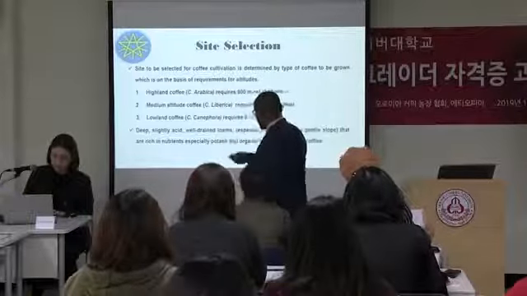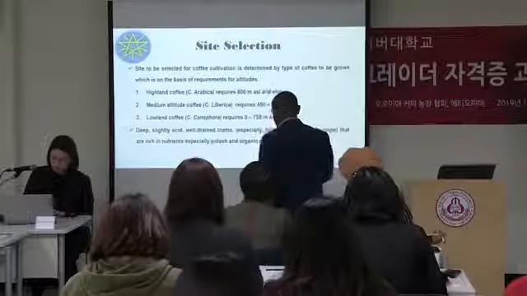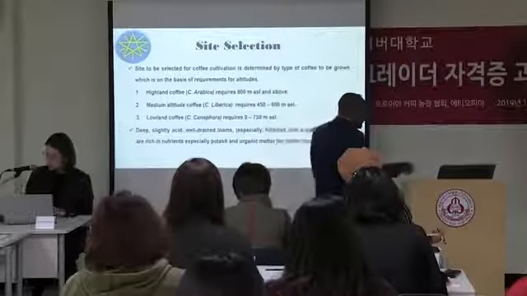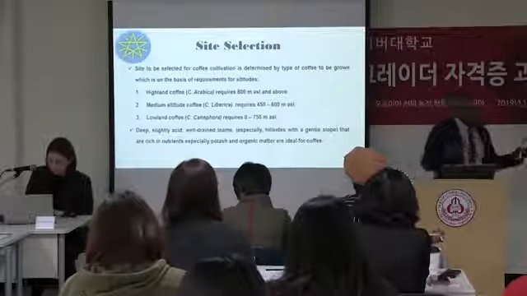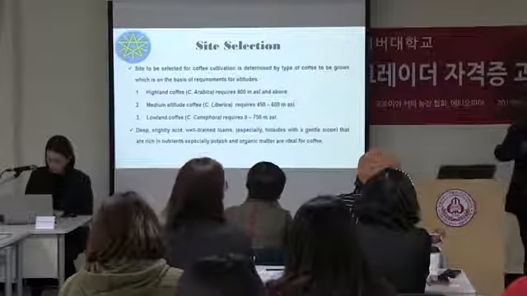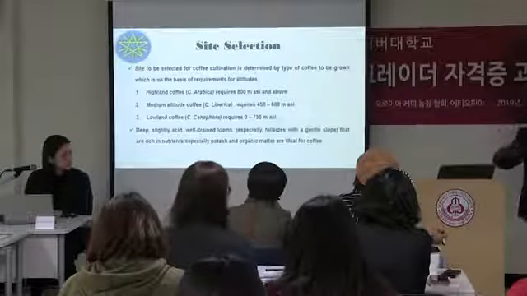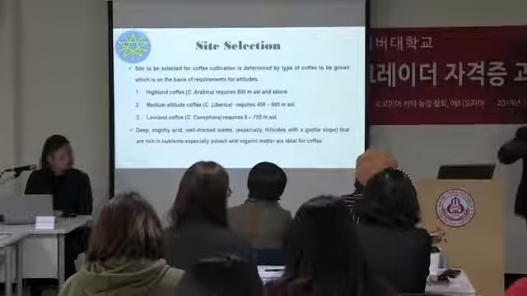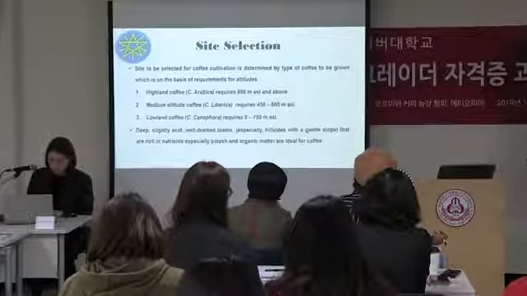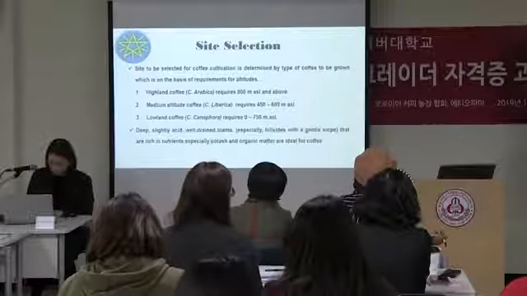Other soil characteristics are slightly acidic and well-drained. It shouldn't contain too much water. The water holding capacity of the soil should be optimum. Water holding means just keeping the water.